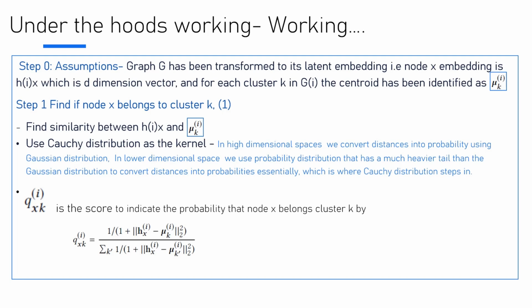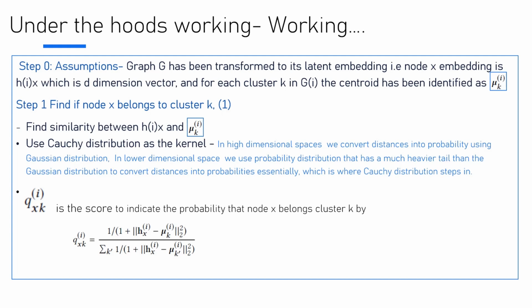As discussed earlier, compared to a Gaussian kernel, a model based on Cauchy is more effective to force H of X apart from the centroid mu_K if X does not belong to cluster K, which implies a very large boundary. So we define a score Q_K^I of X to indicate the probability that a node X belongs to cluster K. The formula for this comes from the Cauchy distribution.